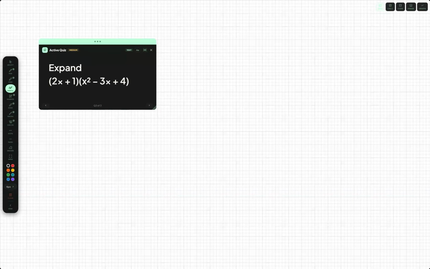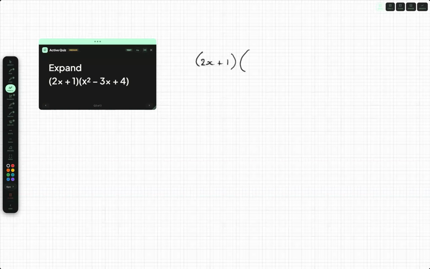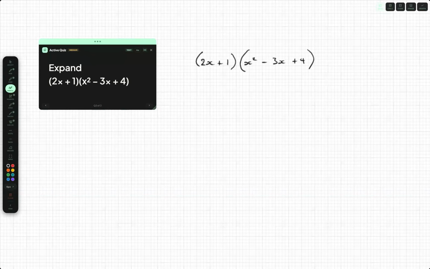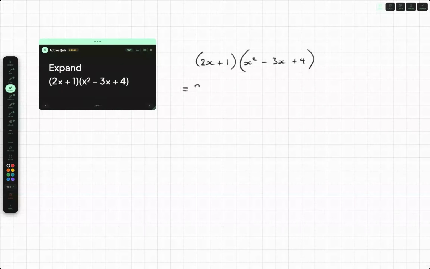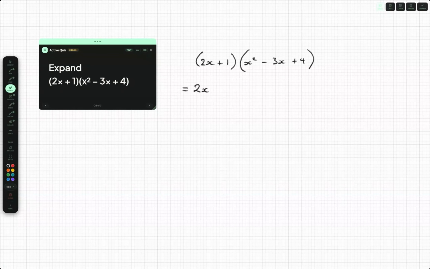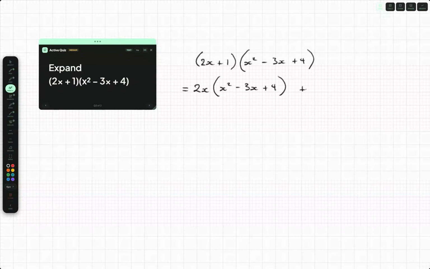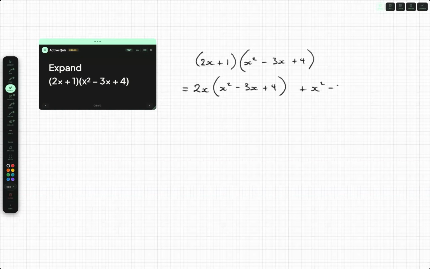Right. Last one, we got 2x plus 1 multiplied by x squared minus 3x plus 4. Again, we might just do the expansion method here. And 1 times into this whole thing will just be what it already is.